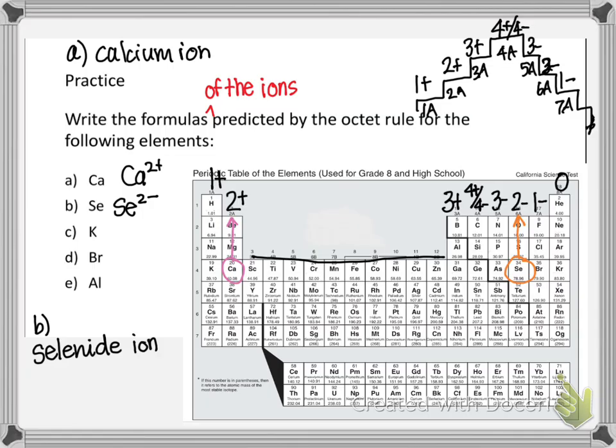Okay, potassium, right there. I look up here, it's a 1 plus. And it's not going to change, that's what it is. Positive ions are named the same as the element. Bromine. All the halogens are negative 1.